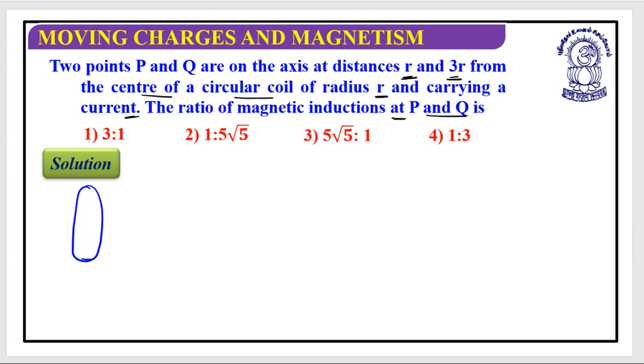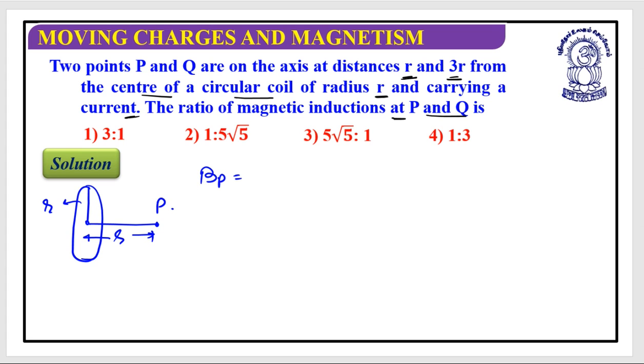This is the circular coil, having radius r. Let's suppose this is point P, at a distance of r. So let's calculate this.